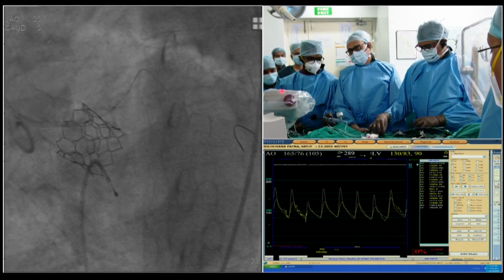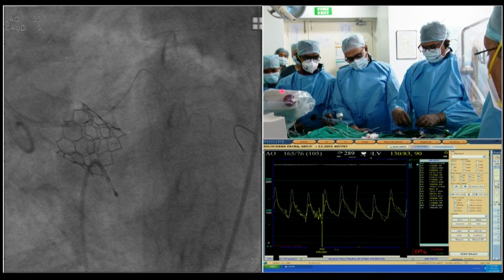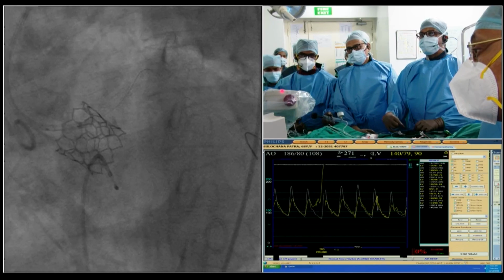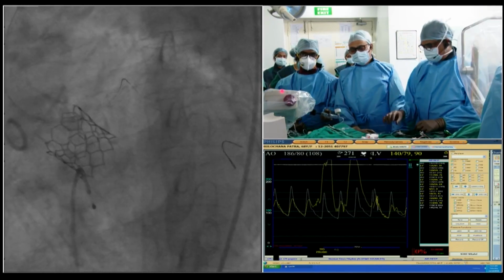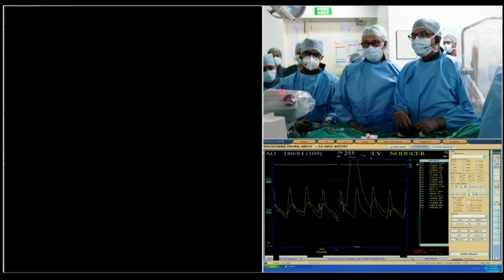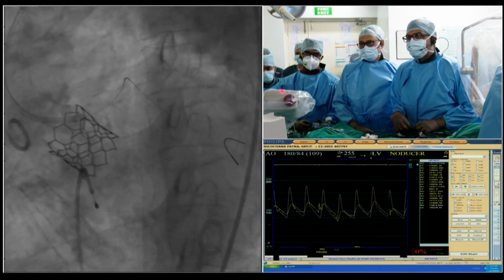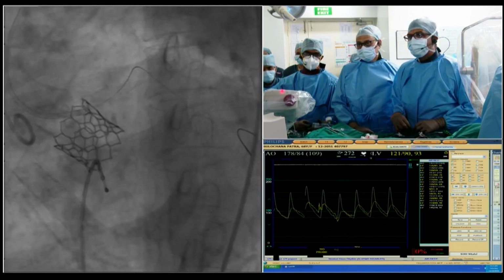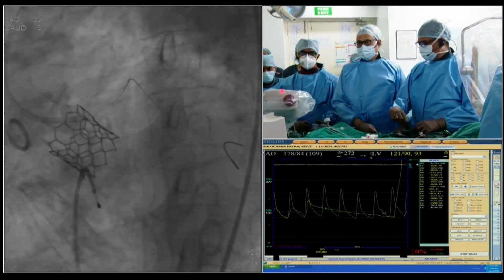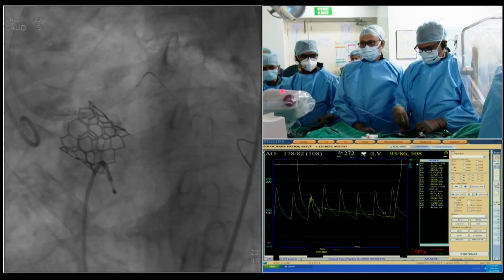IVUS will tell us whether the leaflet is obstructing the left main ostium or not. If you see, while you were inflating, the stent just jumped in. Could it be because while you were inflating, the leaflet just pushed it inside? I think that was something we also noticed, but it was probably a dynamic play. Sorry, I thought you were injecting. No, sorry.